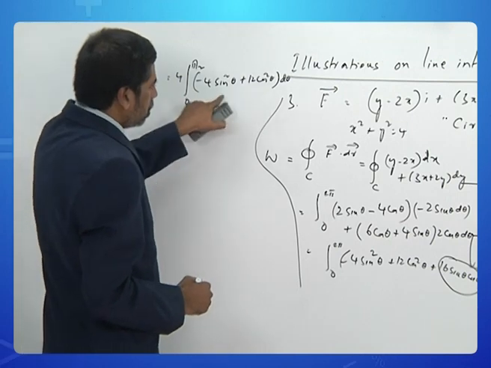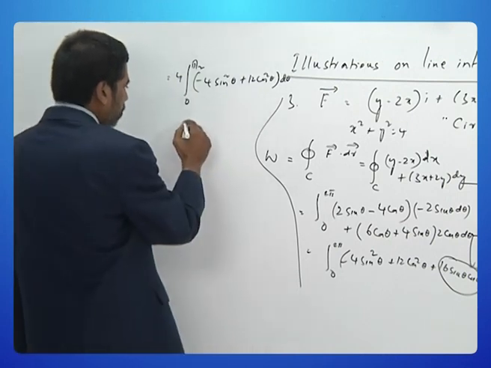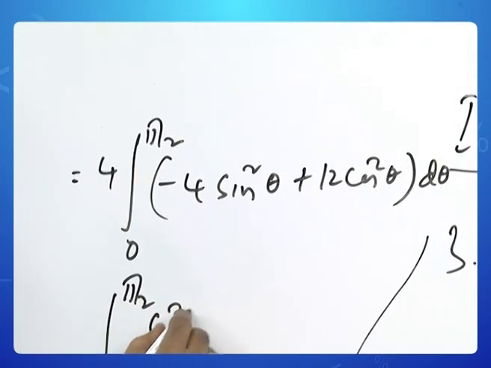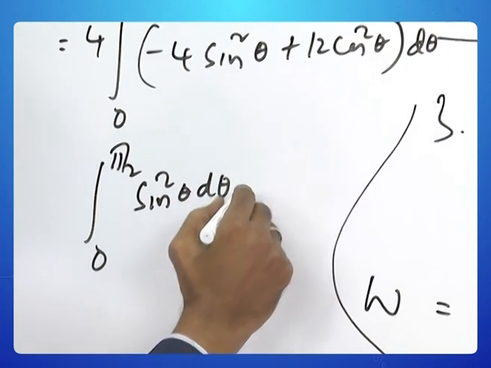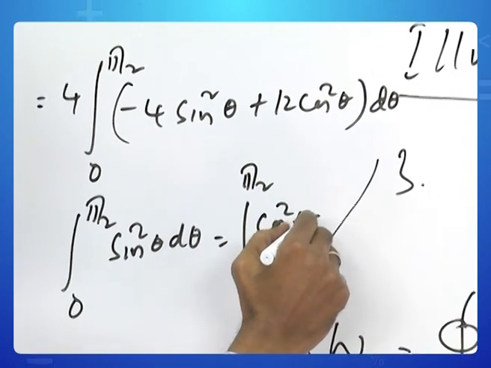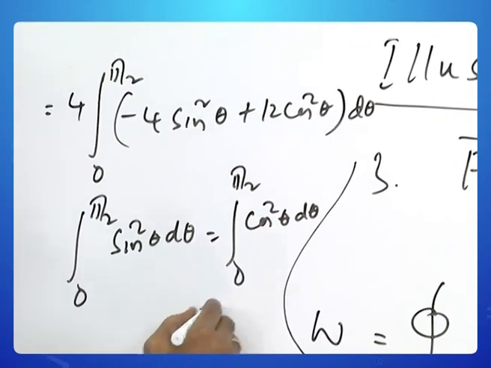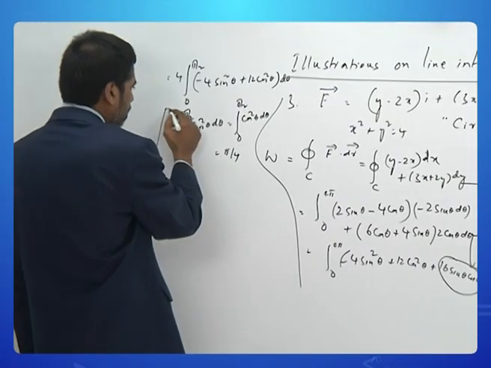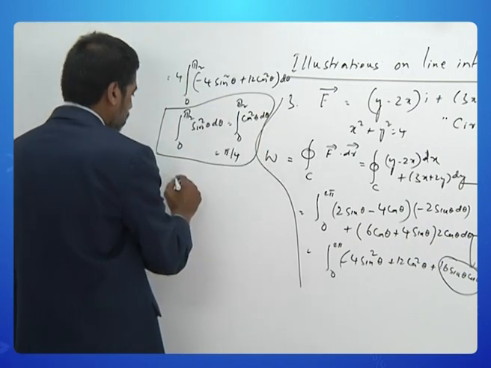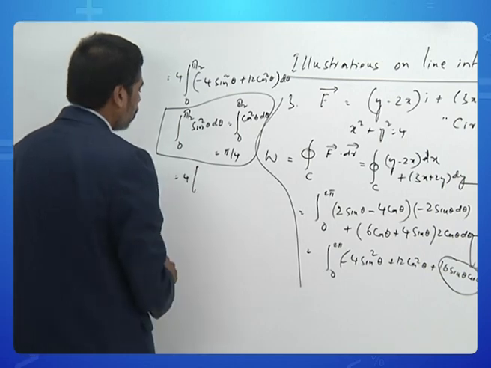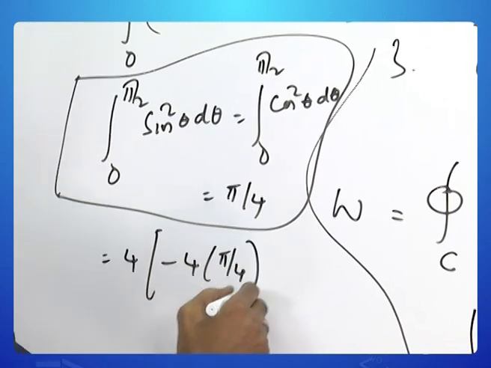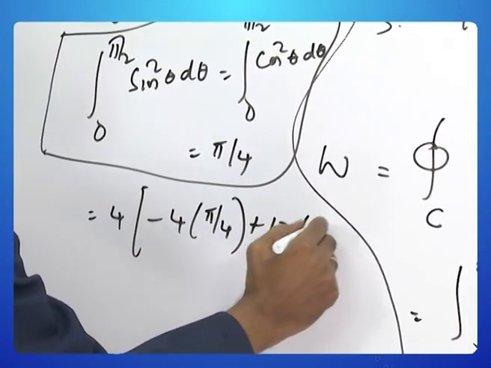Again, if you can directly remember, the integral from 0 to pi by 2 of sin square theta d theta is equal to the integral from 0 to pi by 2 of cos square theta d theta is equal to pi by 4. This is a very direct result which students can remember. Then the value of this integration would be 4 into minus 4 into pi by 4 plus 12 into pi by 4.